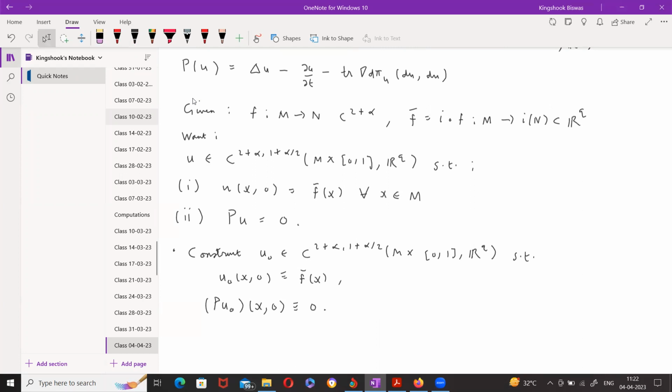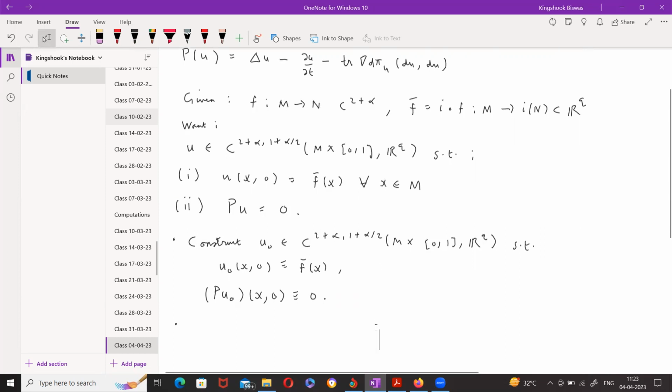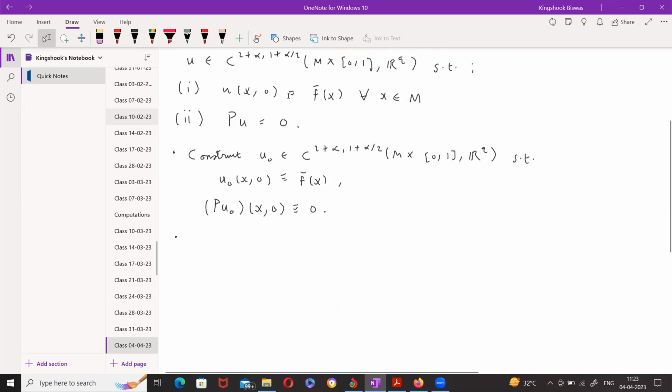So this is the approximate solution. This is a solution to a linear parabolic PDE.